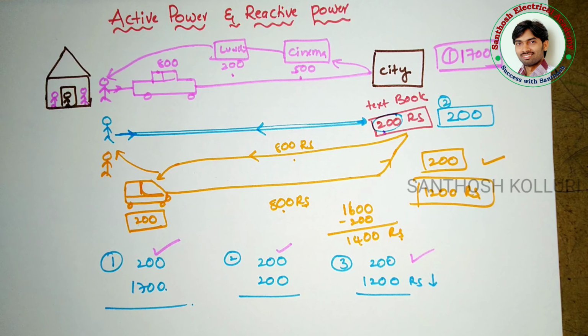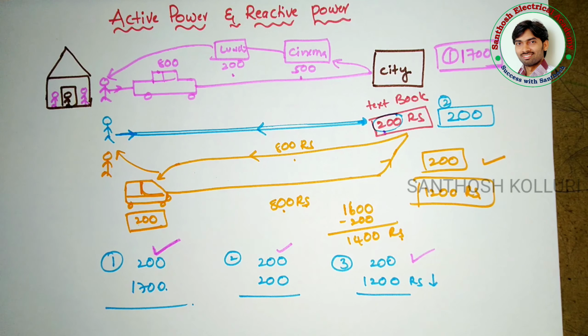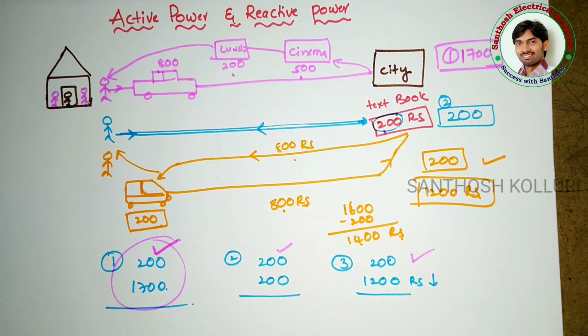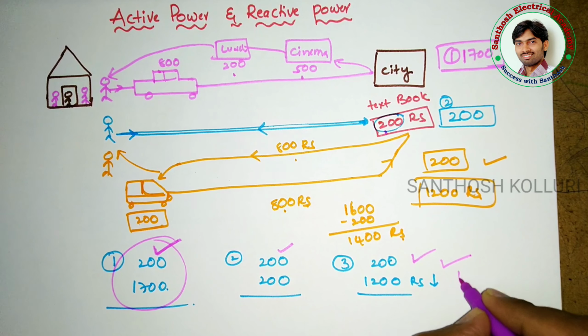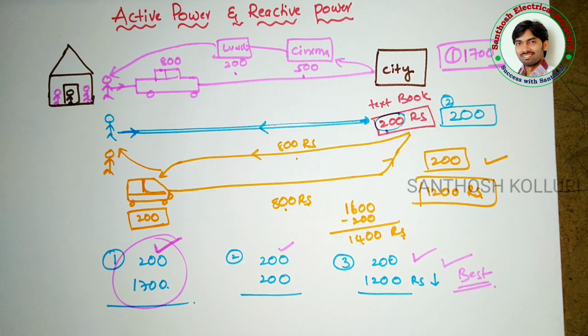In general life, most of the students prefer this system only. But what is the actual, better system? This is the best system to adopt, where you are neither consuming money nor earning money.